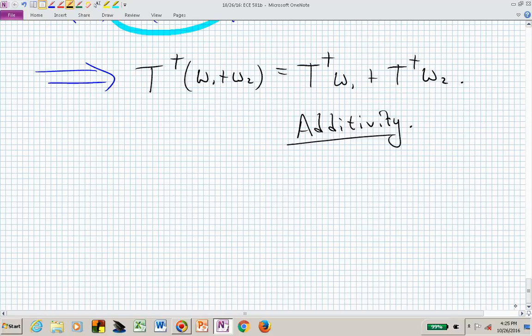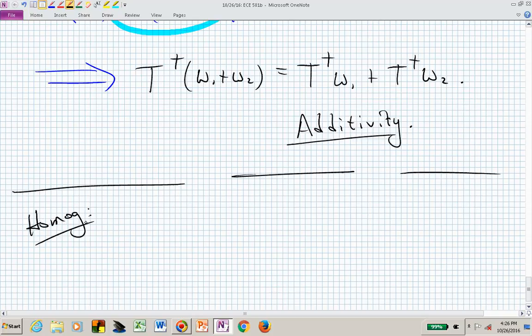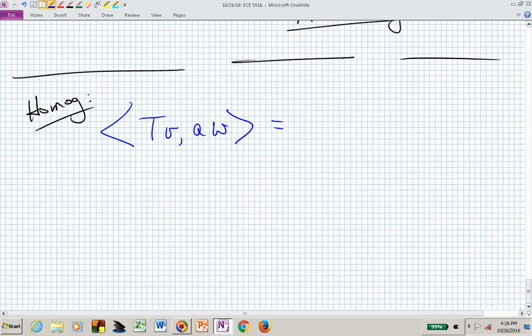Let's do a similar investigation for homogeneity. With homogeneity, let's say that we now have TV inner product with a scaled version of a vector W. And what happens if I want to slide that scalar applied to the second slot outside the inner product?